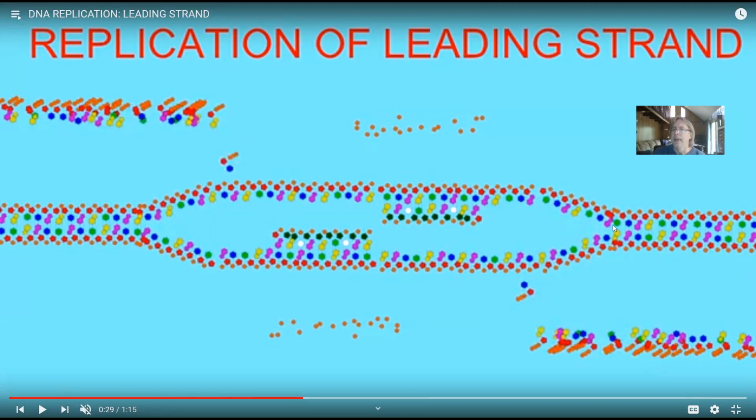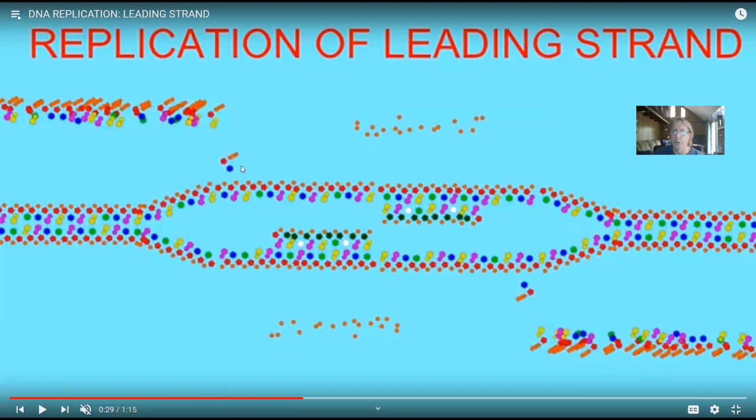Now, one replication fork is going this way. And then over here, the other replication fork is going this way. Now, notice as the replication fork just unzips and unzips and unzips, this is convenient because the next nucleotide comes in with its 5' carbon first with those high energy bonds. Same thing here.